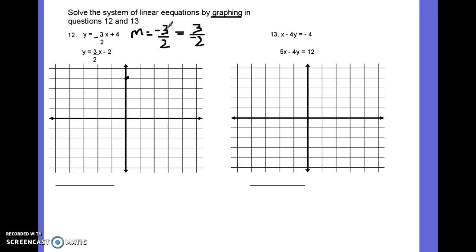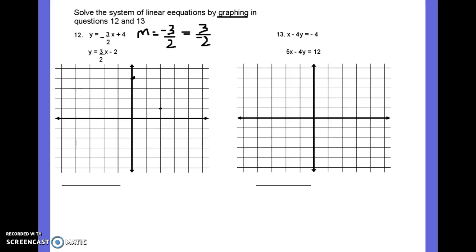Negative 3, that's my fall, really, and 2 is my run. So from here, I'm going to go down 3, 1, 2, 3, and I'm going to run 2, 1, 2, to get my second point. My second point is right here, and here comes the graph. Here comes the line.